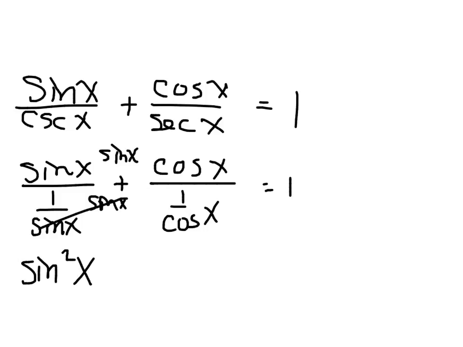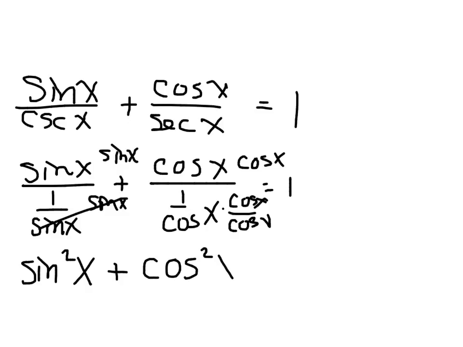The bottoms, yes, Sierra, cancel, but not the tops. What's the reciprocal of 1 over the cosine? Cosine over 1. The bottoms will cancel. And what is cosine times cosine? Yep.